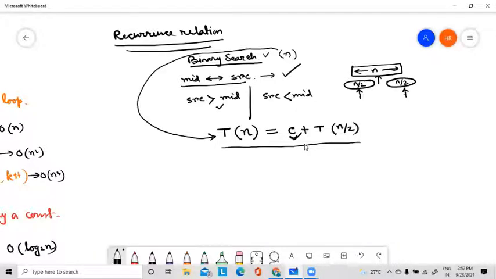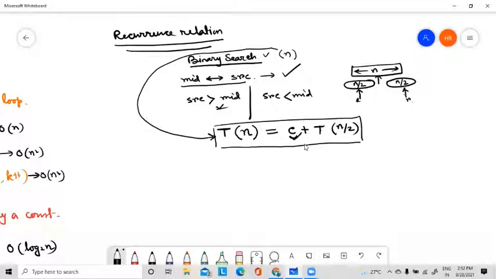Either you choose the left side or the right side, depending on the condition. So now you have to search again in how many elements? In n by 2 elements. If the time to search in n elements is T(n), then the time to search in n by 2 is T(n/2). So this is the total recurrence relation: T(n) = c + T(n/2).